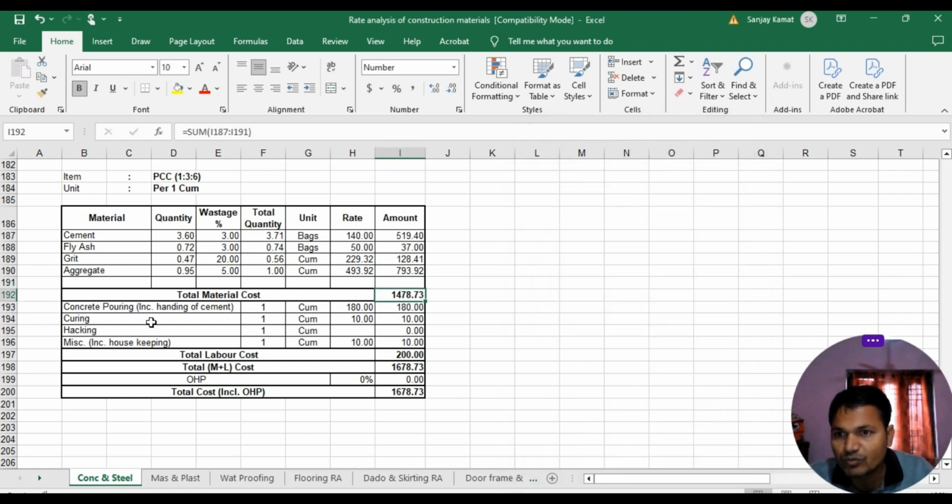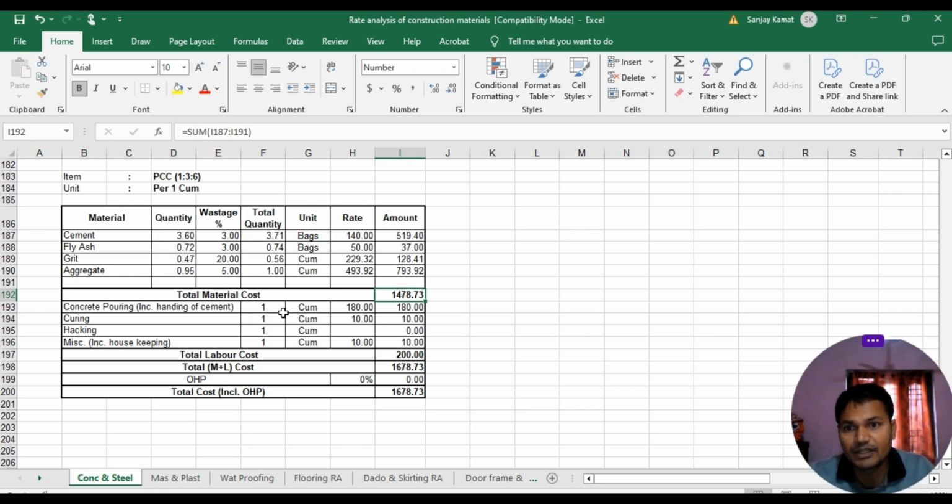Now coming to concrete pouring, including handling of the cement. How much concrete are we going to pour? So we are going to take the total quantity volume as 1, and the unit of the concrete pouring is always cum, and the rate of the concrete pouring is 180.